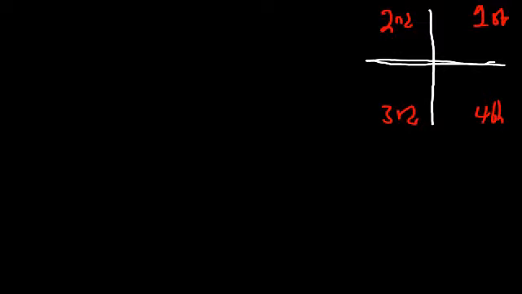For the first quadrant, all the functions, sine, cosine, and tangent, have positive values. For the second, only sine has a positive value. For the third, only tan is positive, and for the fourth, only cosine is positive. Keep this in mind as we'll be using it as a reference as we proceed.